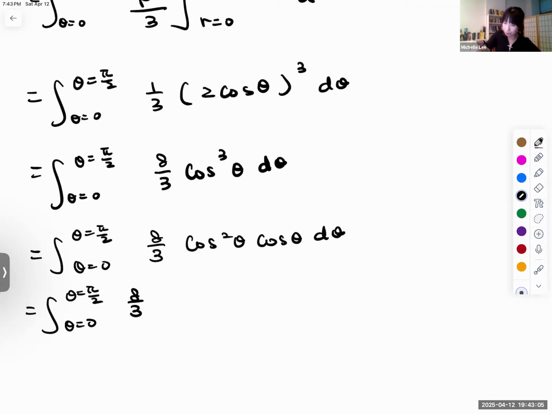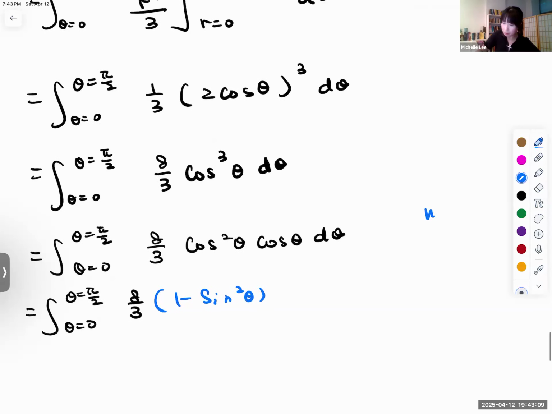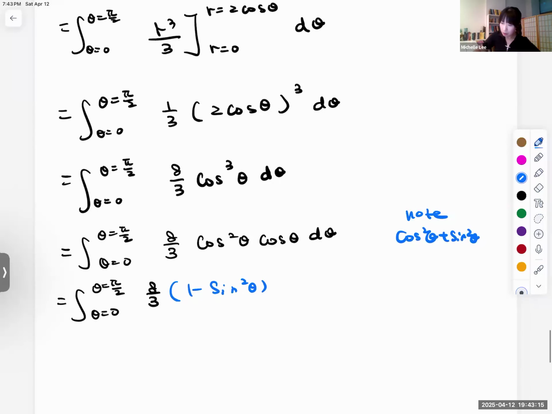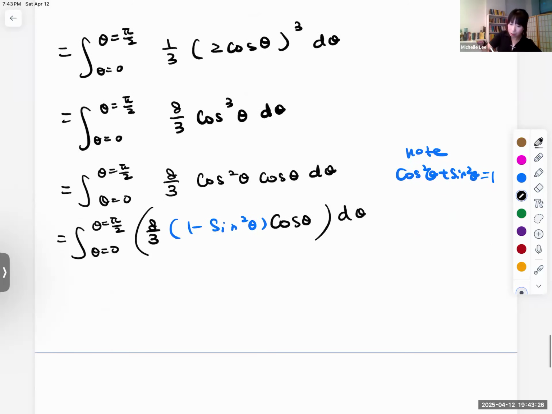So 1 minus sine squared theta, because cosine squared theta plus sine squared theta equal to 1, right? So we have that, and cosine theta d theta. Okay, now we can distribute.